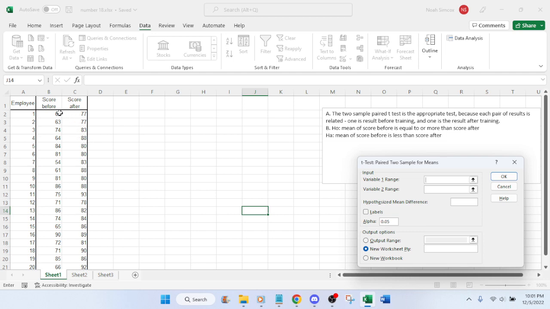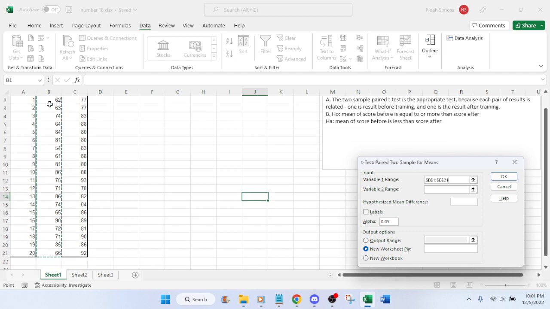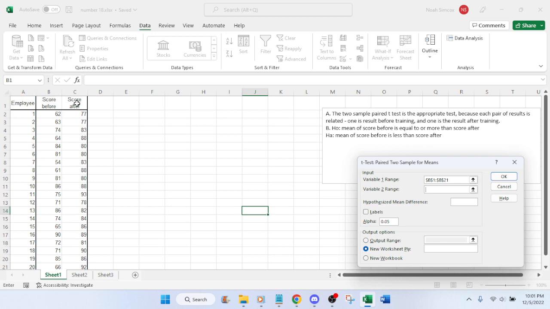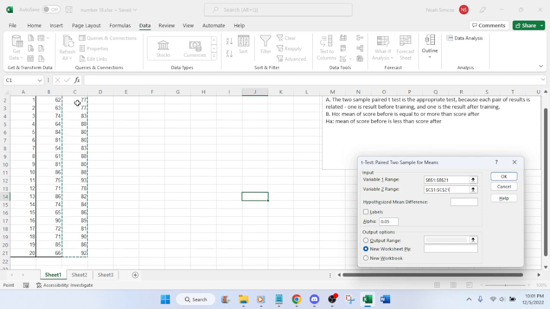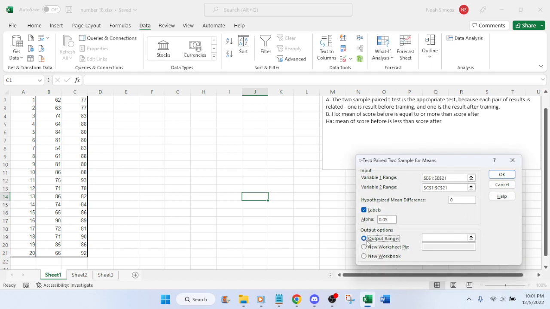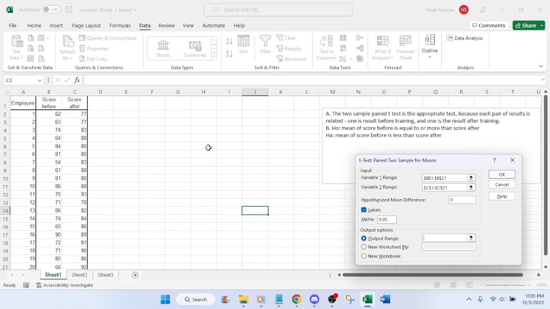Variable 1 is going to be these. Variable 2 is these. And 0, labels. Put it here.